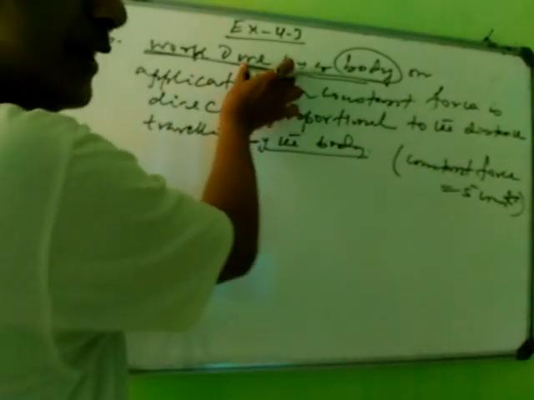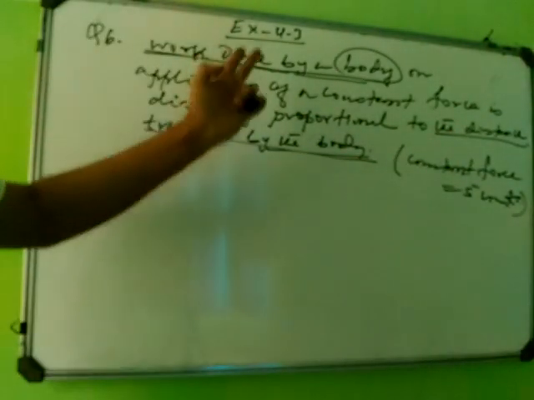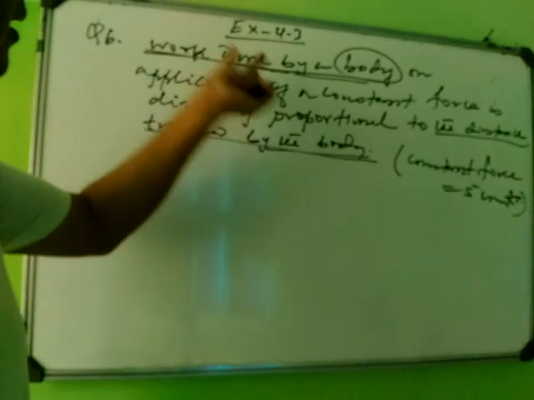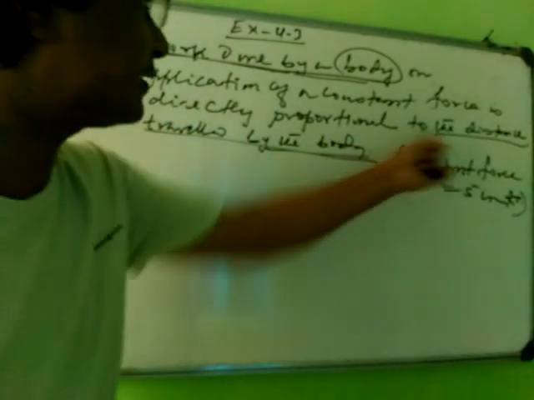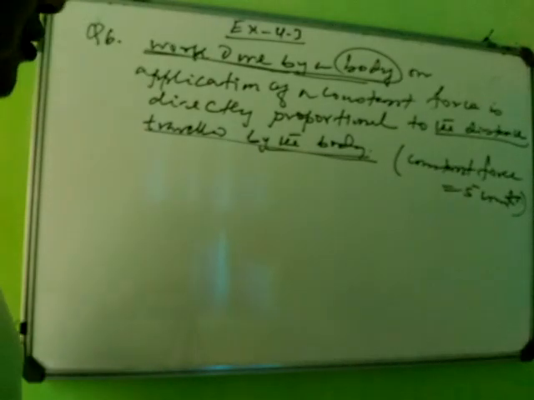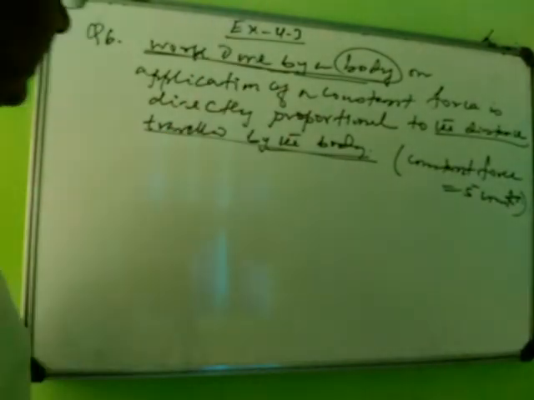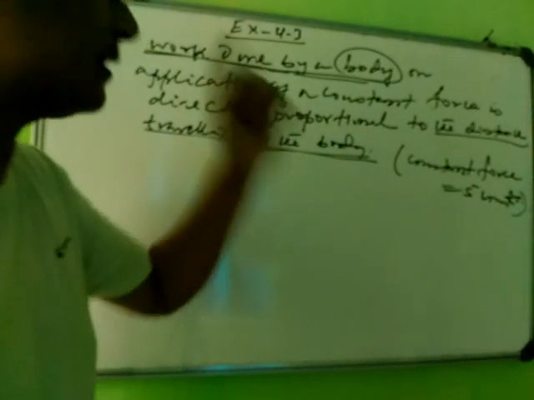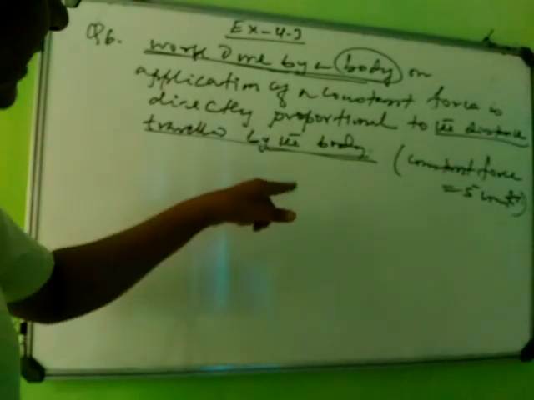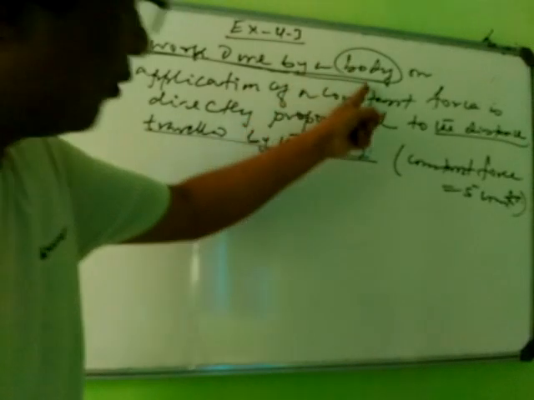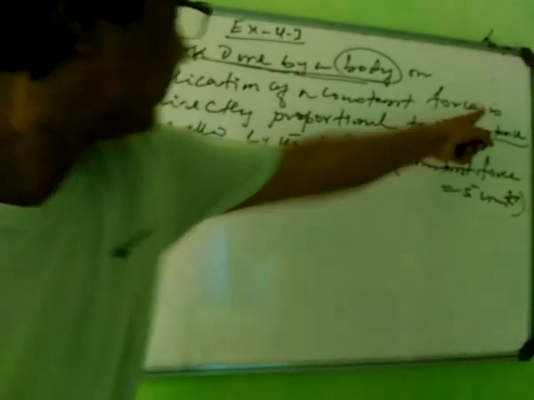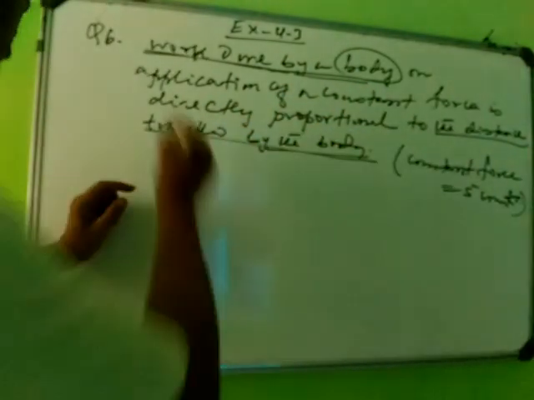The work done is directly proportional to the distance traveled by the body. So now the equation you are going to make is between the work done and the distance traveled. Here you take the work done as x, and the distance traveled as y. Now they say that the work done by the body is directly proportional.